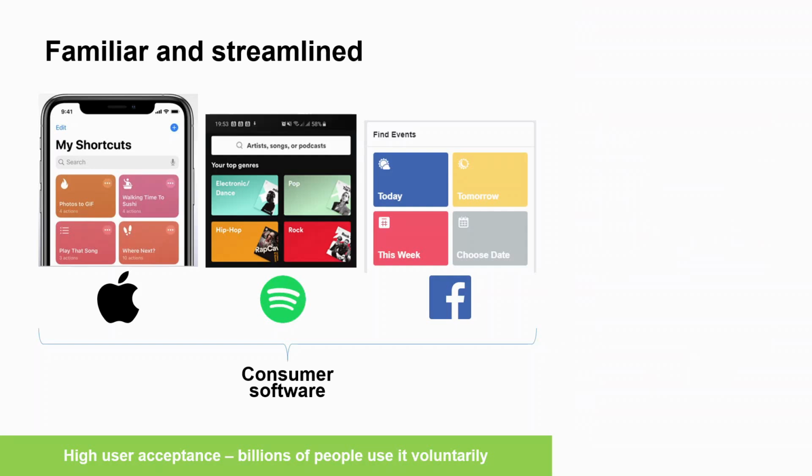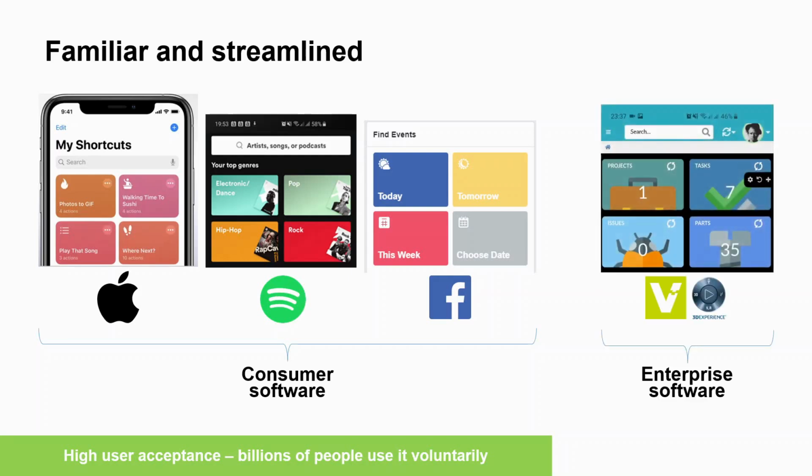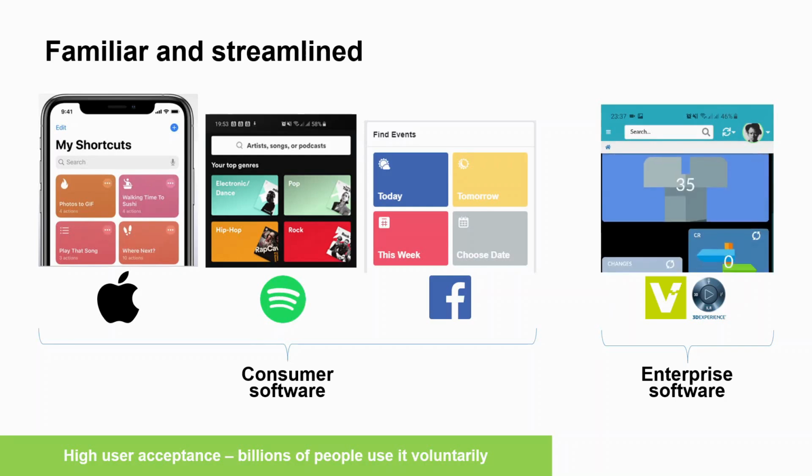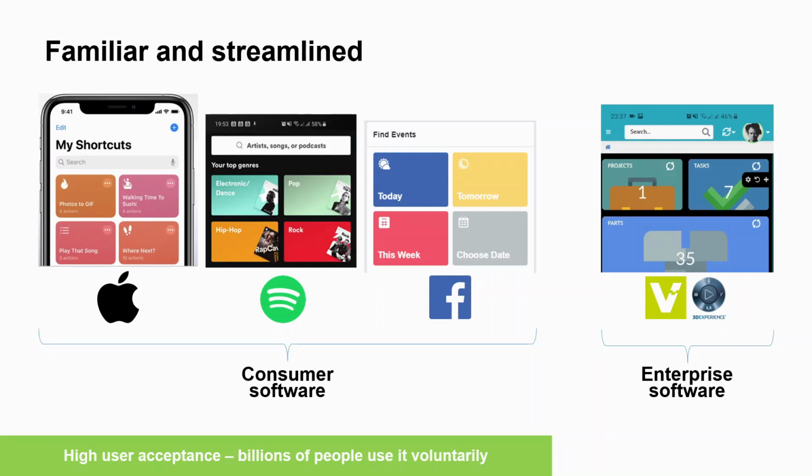So we believe that there is a way to bring down this user acceptance wall by applying familiar UI and streamlining it as well. So in essence, if we come to the point where users can use a familiar looking UI which is tailored to their role in the system or their current needs in the form of a more app-like UI, we think that even enterprise software can feel familiar and streamlined in a similar way.